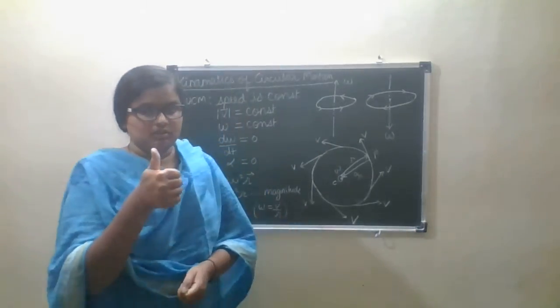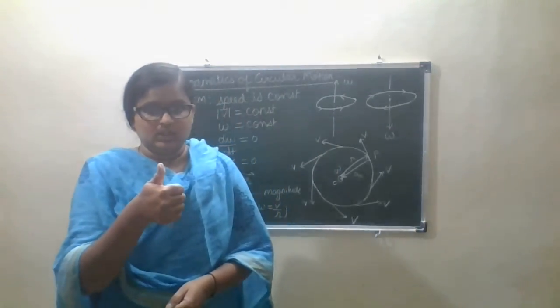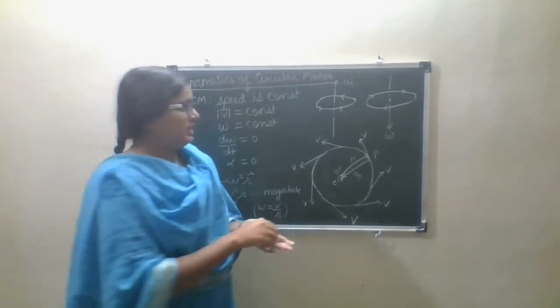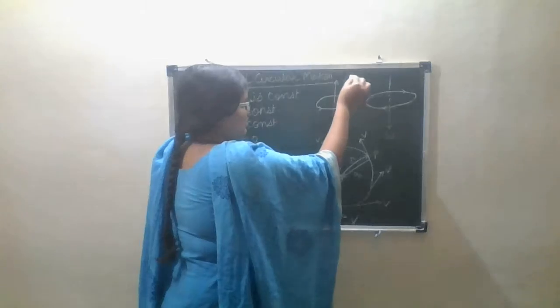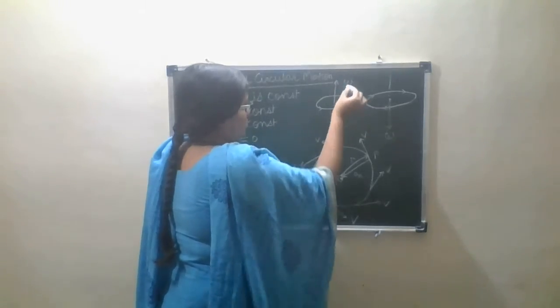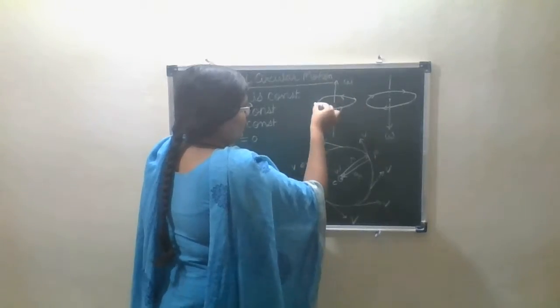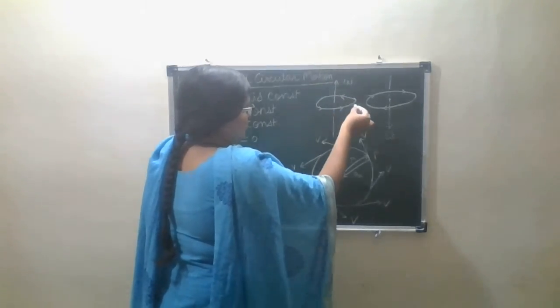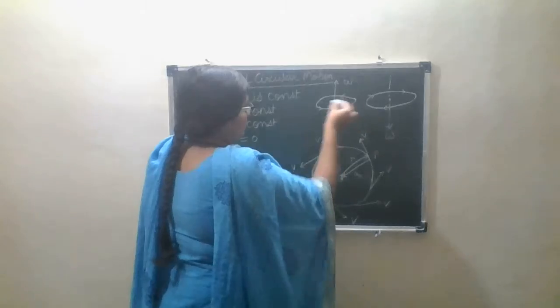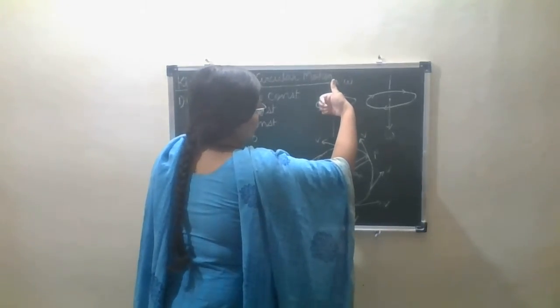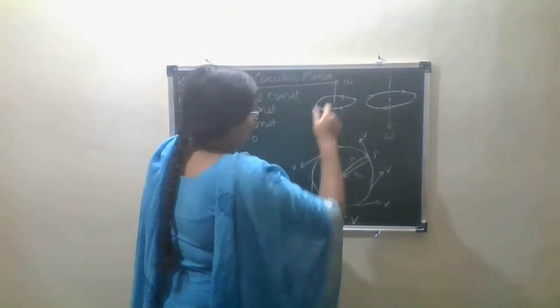Then the thumb, which is upward, denotes the angular velocity. When the particle is moving in this direction, these are the curled fingers, and this is the direction of the angular velocity, which is upwards.